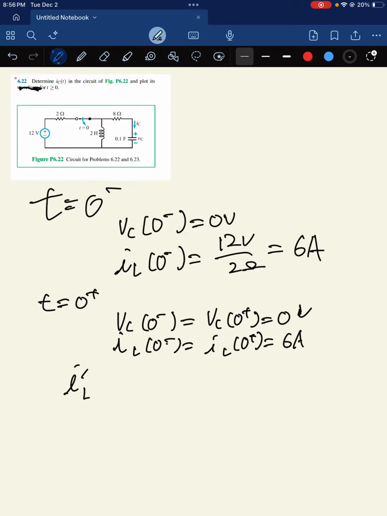Well, let's analyze the circuit after the switch is open, right? So we see that the capacitor is connected to the inductor. There's no current over here because this is open right here.